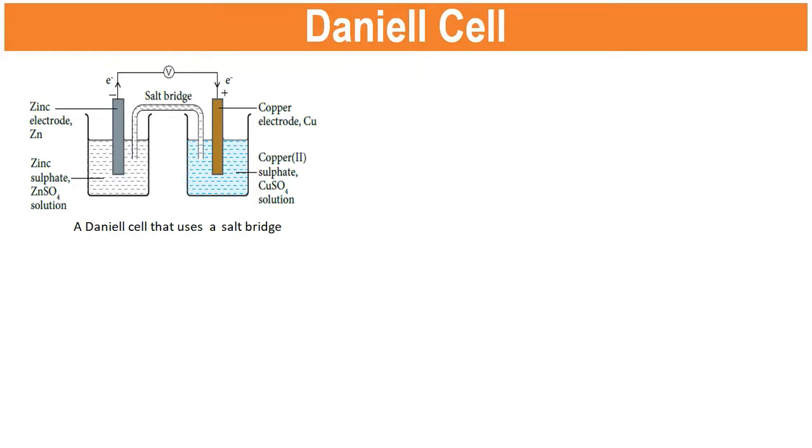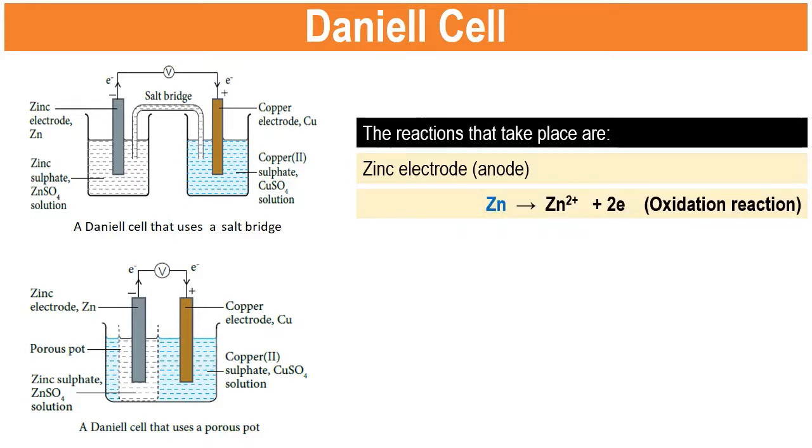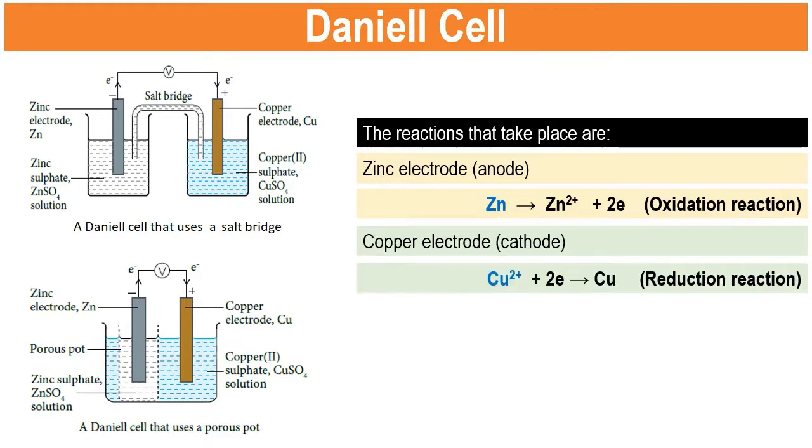Now, let us remind and memorize again how we write the full ionic equation. We need the half equation at the anode, for the oxidation reaction. Next, we also need the half equation at the cathode, which is for the reduction reaction.